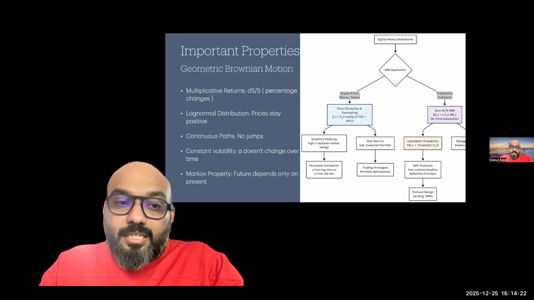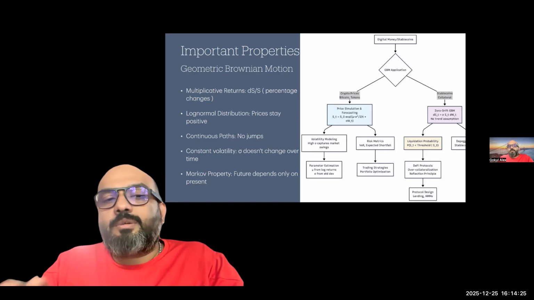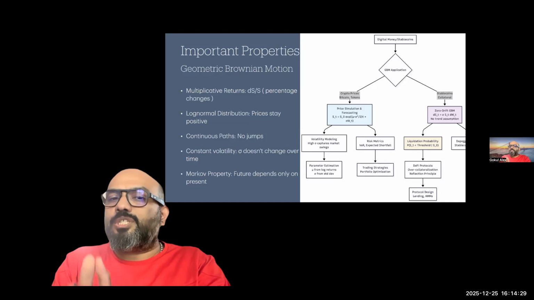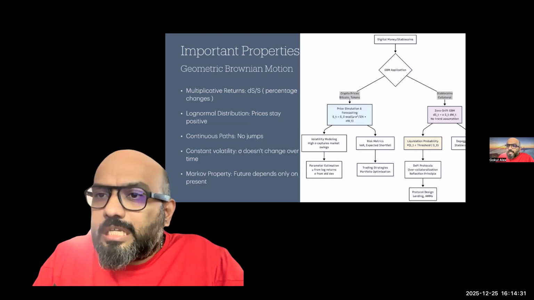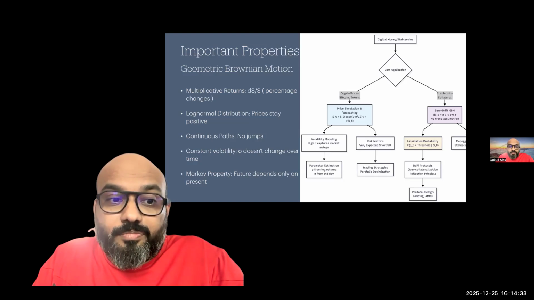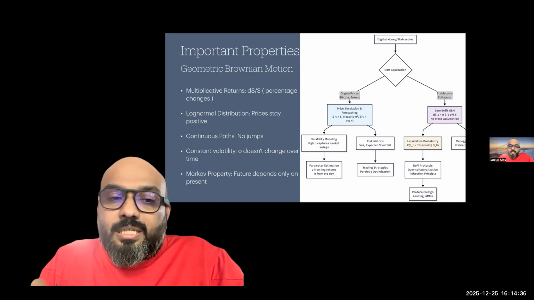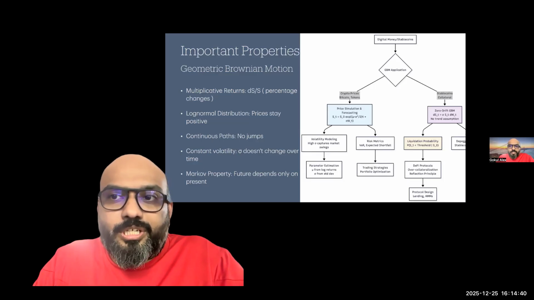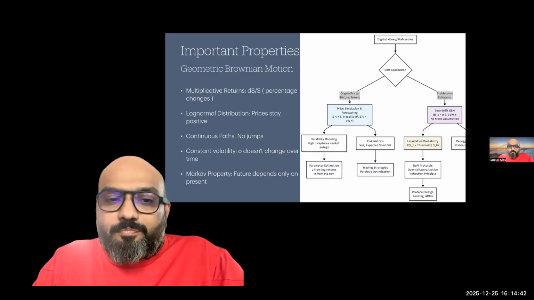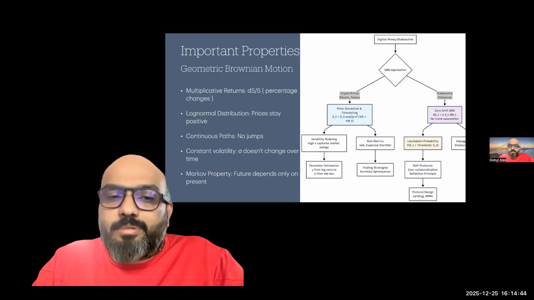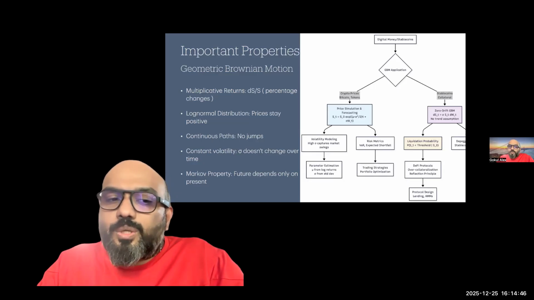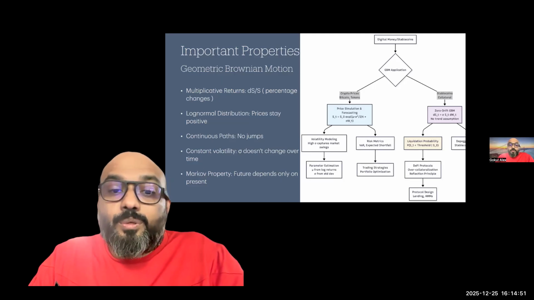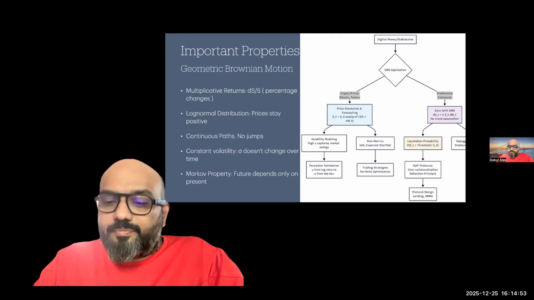And the third application is wherever we can look at a continuous path; where there is a chance for jumps, we will go to a model called the jump-diffusion model. Constant volatility is a crucial assumption taken in a geometric Brownian model. Sigma doesn't change over the period of time. And the Markovian property is another assumption: the future depends only on the present.